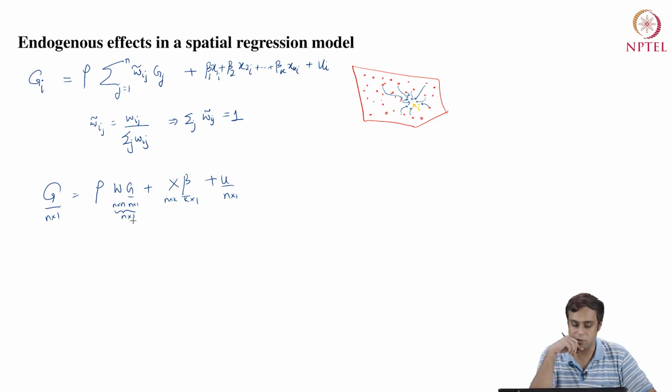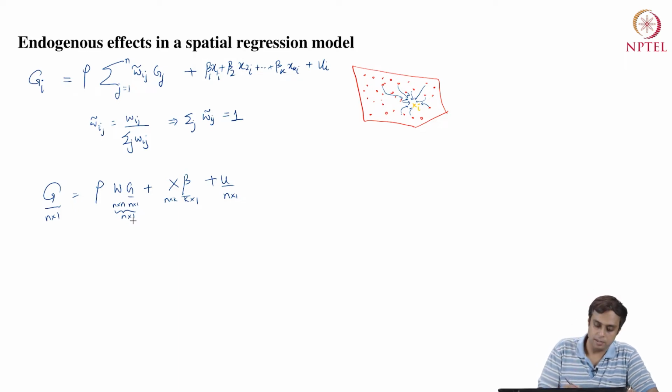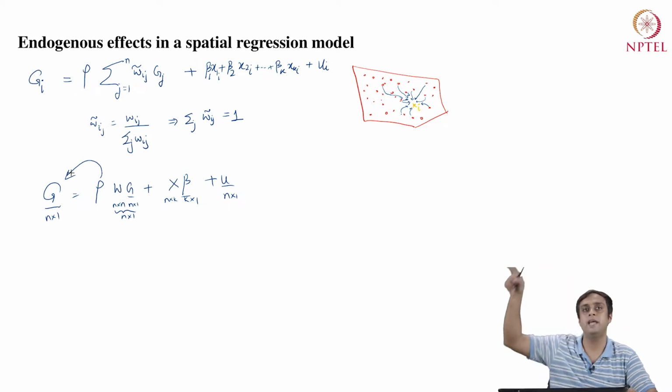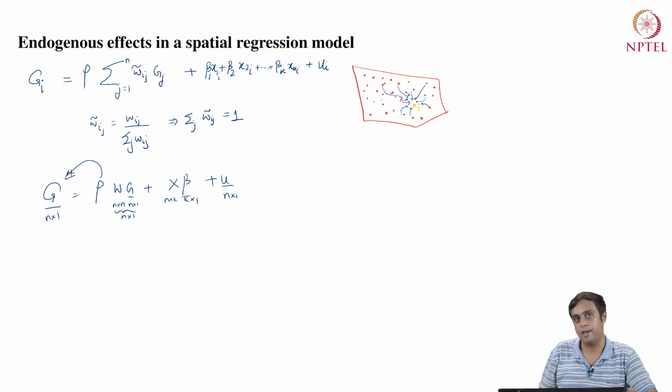That's it, right. So beta and rho are both model parameters. Now rho specifies the effect on location I due to its neighbors j.